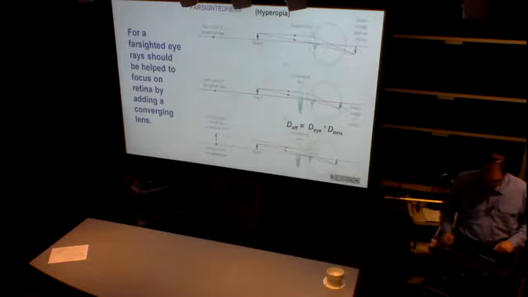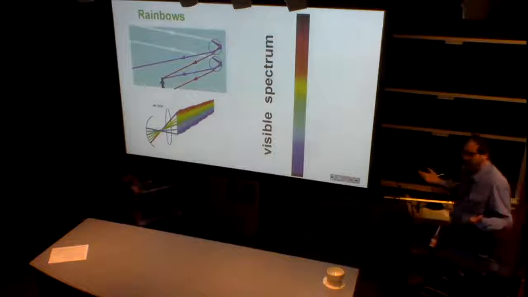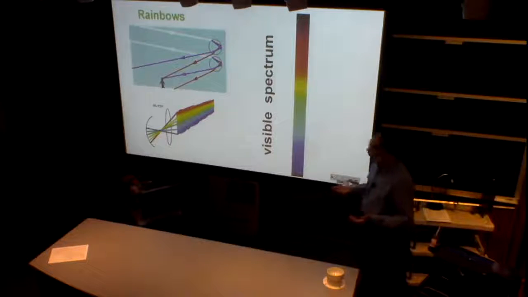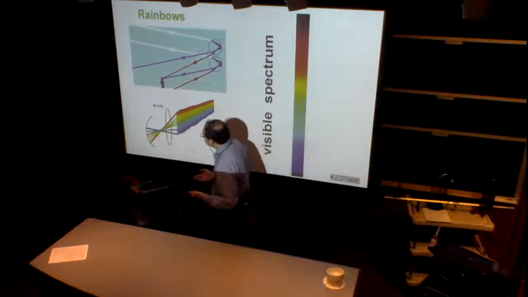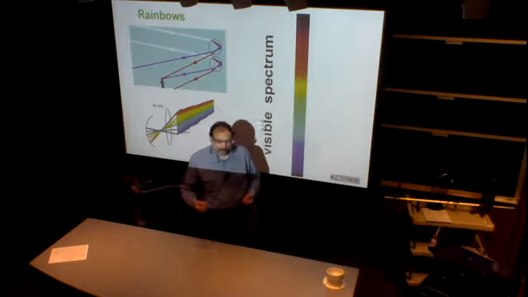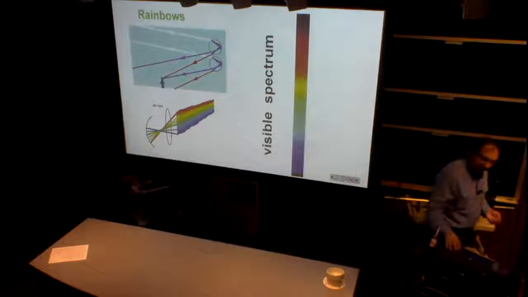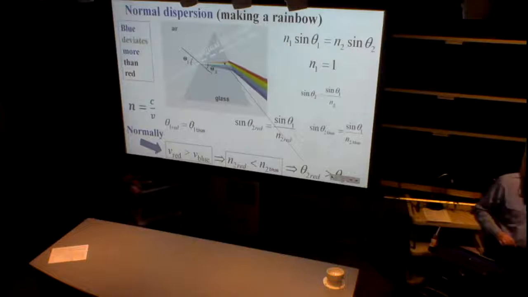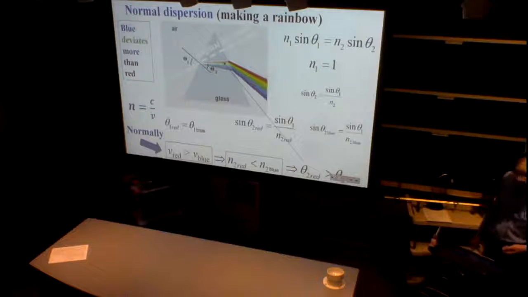Well, another phenomenon we're aware of, colors. We can see the rainbow, and there is a phenomenon responsible for that. Turns out that the index of refraction depends on the color, slightly, but does.